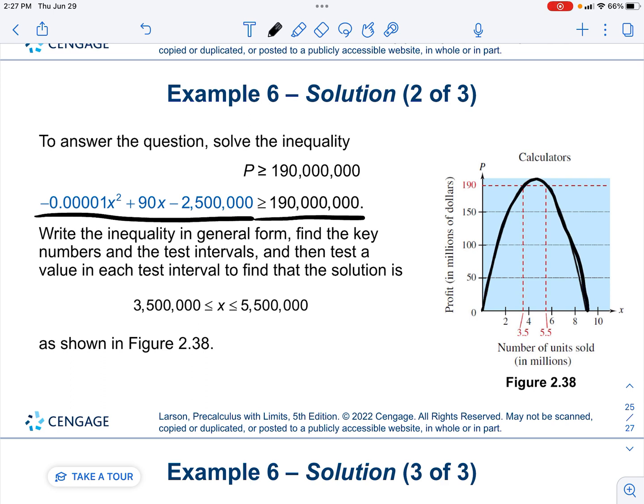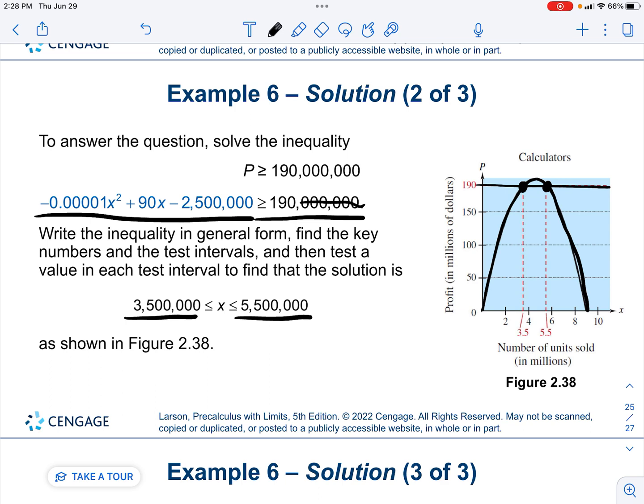So I took out the millions part, multiplied this by a million to make that more graphable. Here is my 190 line that I am focused on getting. And if you look for the solution points or the intersection points, it intersects at 3.5 and 5.5. If you add those millions back in, it would be 3.5 million to 5.5 million. You're looking at selling something in between there.